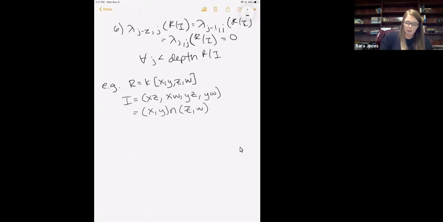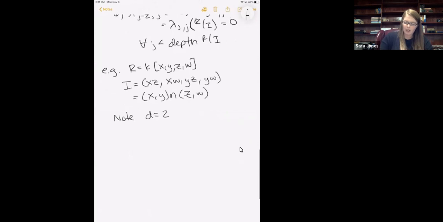Okay, so in this example, note here first that d is equal to 2, the dimension is 2. And so already we know the size of our Lyubeznik table. It's going to be a 3 by 3 matrix. And we already know we have zeros below the diagonal. So that leaves us with just 6 Lyubeznik numbers to figure out here to get this table.